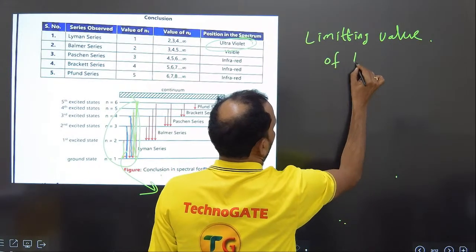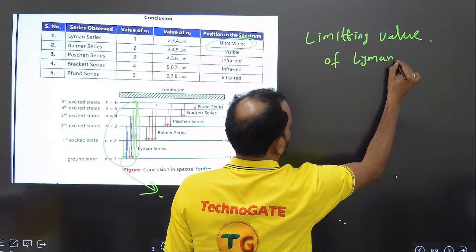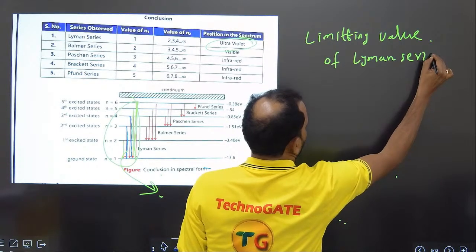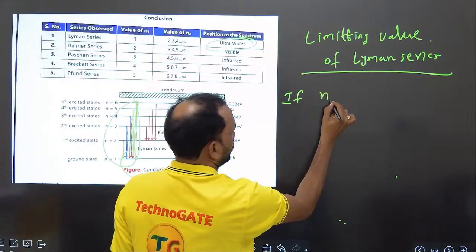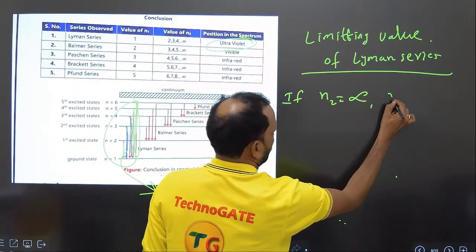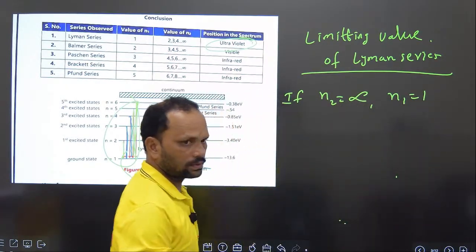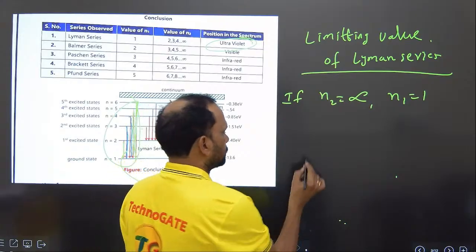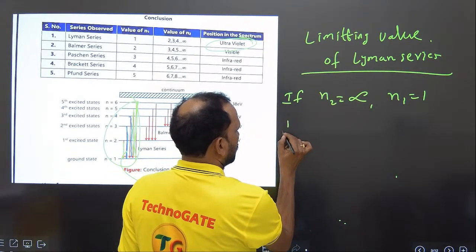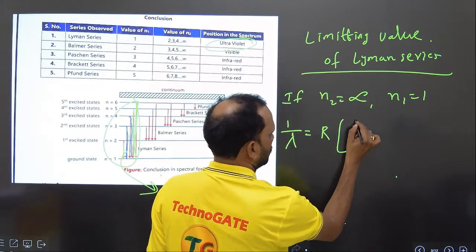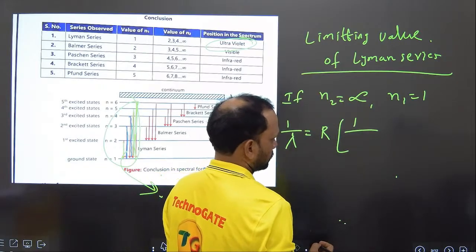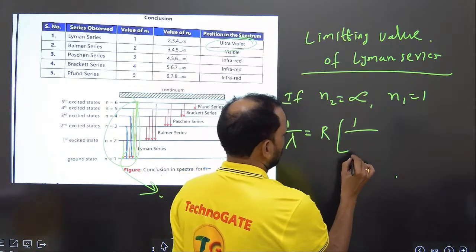If n2 is equal to infinity and n1 is equal to 1, then you can call it the limiting value. Then we have to find the wavelength: 1 by lambda is equal to R into 1 by n1 square minus 1 by n2 square.